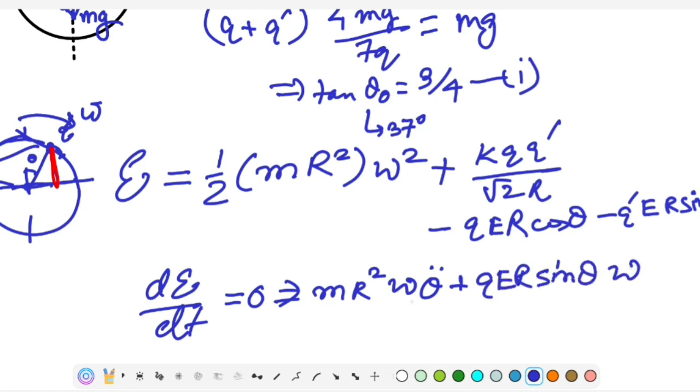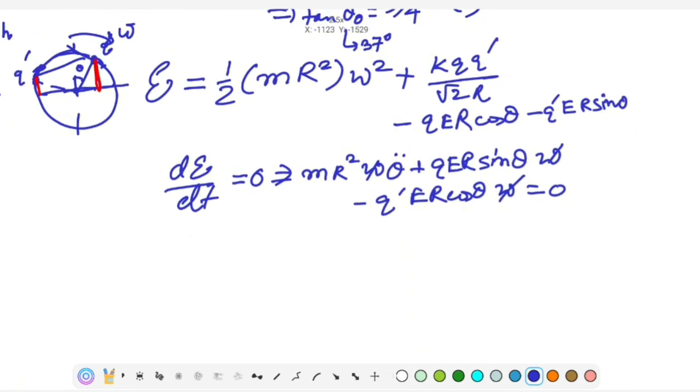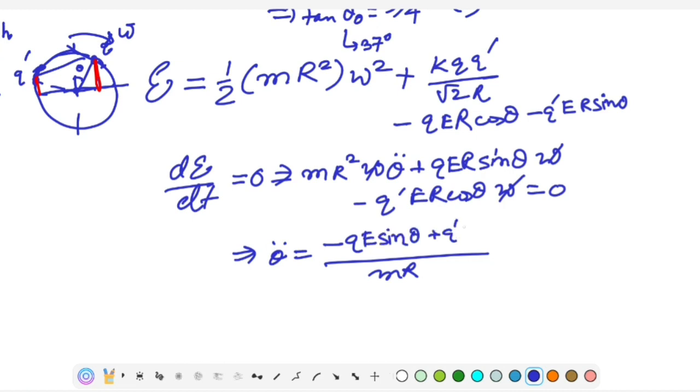This is very simple, you all can calculate it. The main concept comes after this point. So equal to 0, when we cancel omega, we will get an equation that will give us the condition of SHM. So we will get theta double dot equal to (minus QE sin theta plus Q dash E cos theta) by mr.